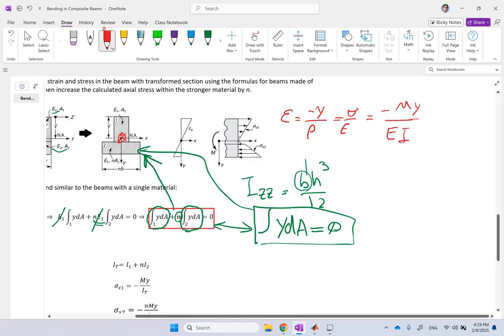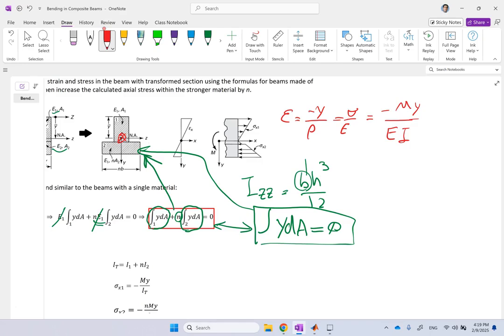So clearly, as you remember, we said that strain is going to stay continuous. So now this is basically the profile of the strain. You see, there will be no discontinuity. It is going to be uniform, and it has no changes at this boundary here.